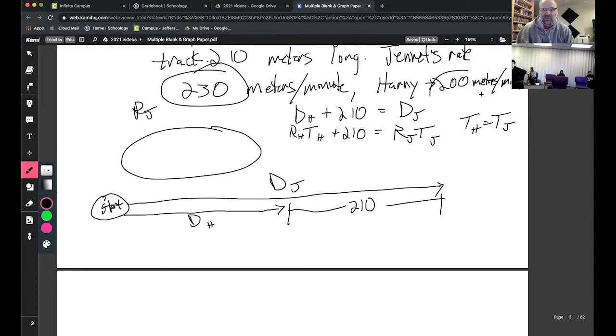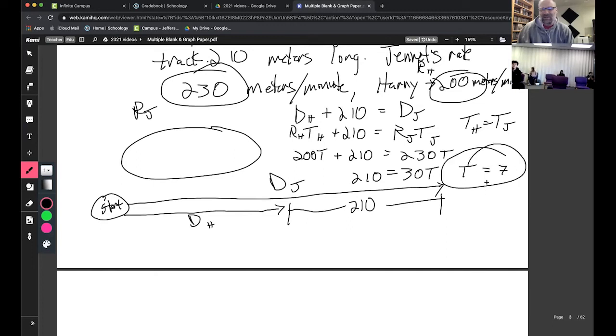And it gives us 200 for Harry. All right. So let's see. 200T plus 210 equals 230T. All right, get rid of the smaller variable term. 210 equals 30T. So T equals 7. Good job, 7 minutes.